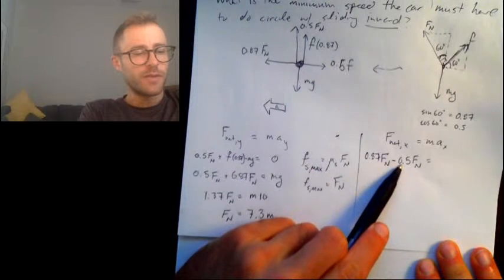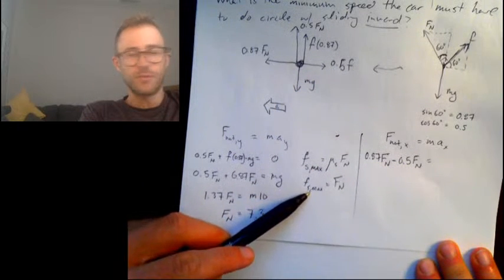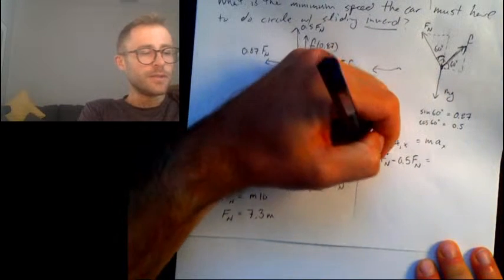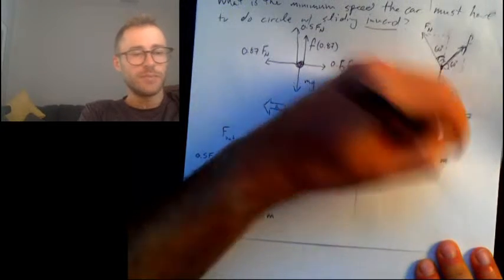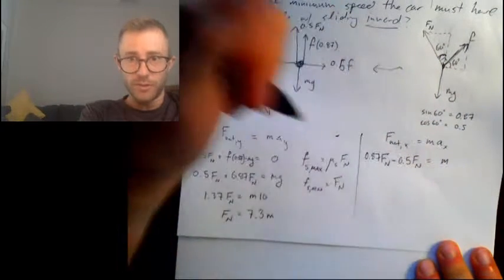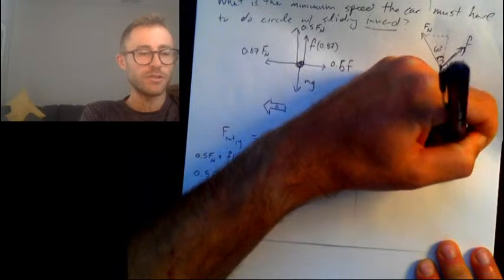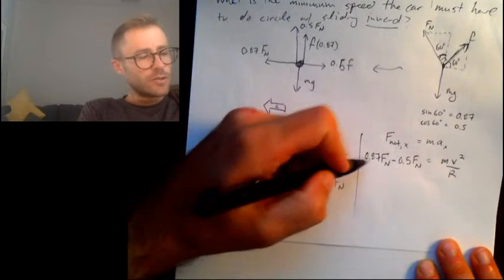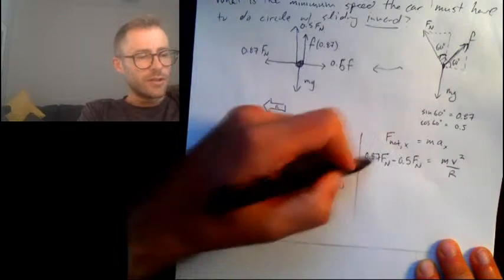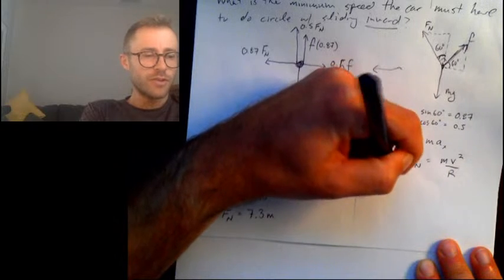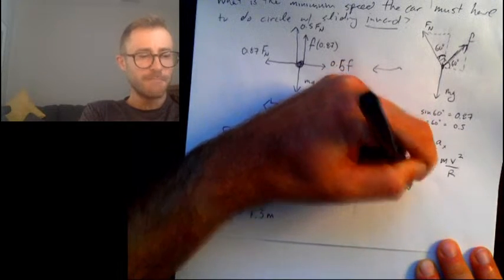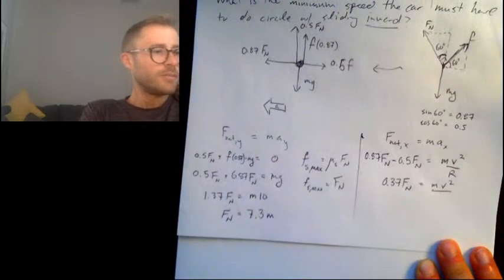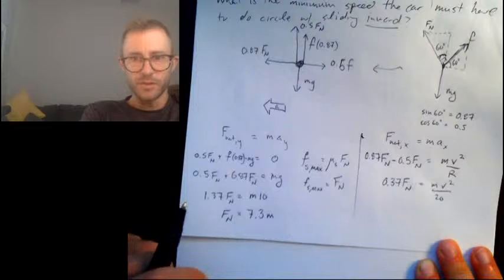I wrote 0.5 F sub n because for this particular problem, friction is going to be equal to the normal force. And then I have m times the acceleration. It's moving in a circle, so I will use the centripetal acceleration equation, v squared over r. Plugging this in, I have 0.37 F sub n equals m times v squared over 20, because 20 is the radius of the circle.